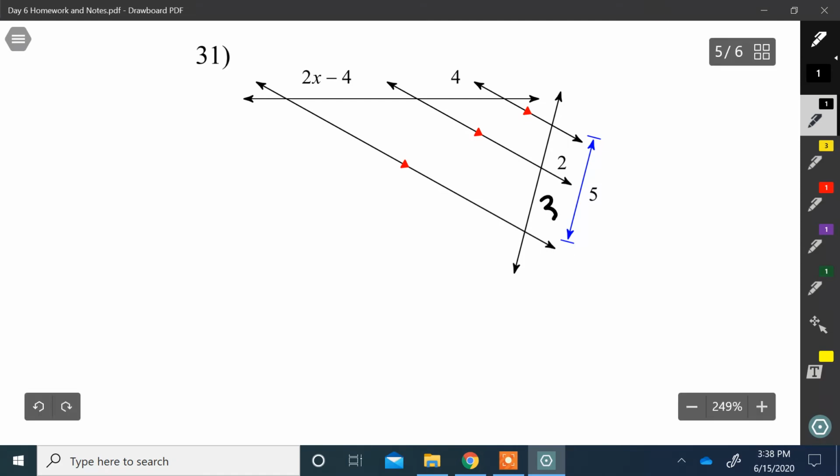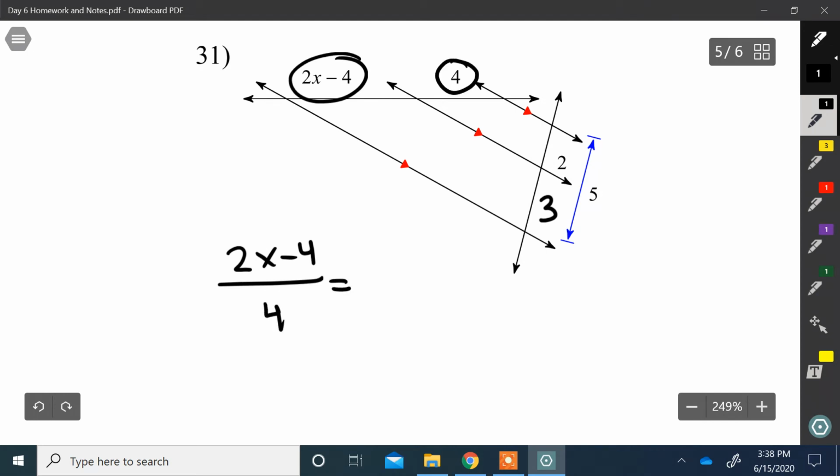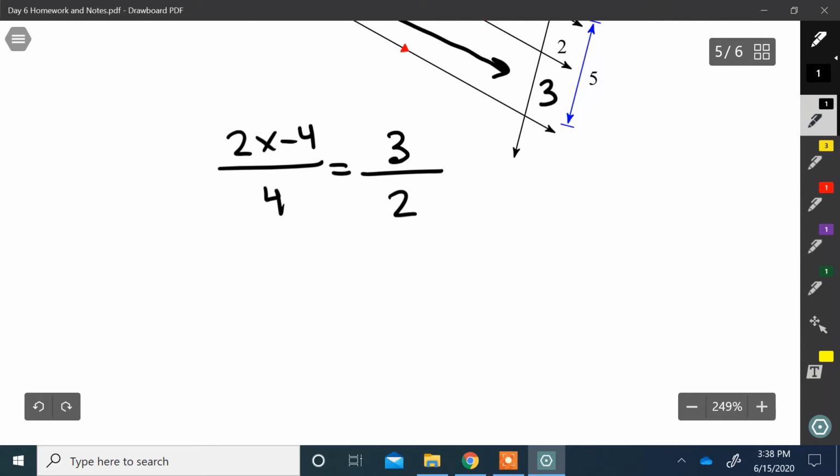This one right here should be 3. The whole thing is 5, you know. So the way we set it up is like this. 2x minus 4 over 4 should equal, well, if I started with 2x, I need to start with 3 as well. 3 over 2. Go ahead and cross multiply.